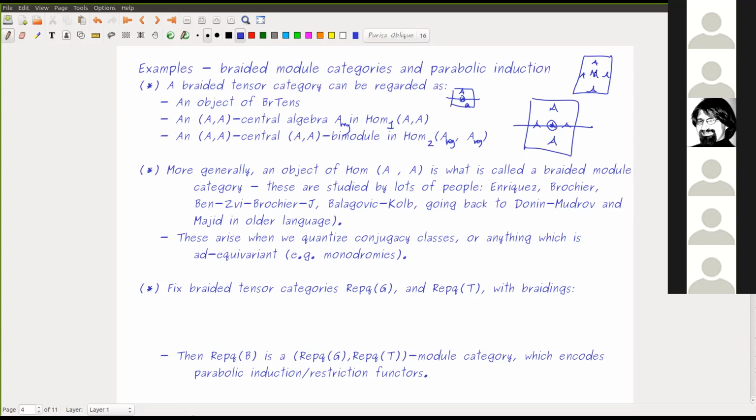So I could consider what kind of category can I surround by A's and just a single M. And so that would be a Hom in this category, a 2-Hom from A reg to A reg. And so this is very interesting. This is the 2-category of what are called braided module categories.